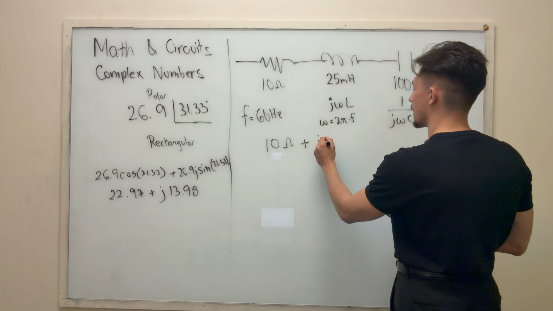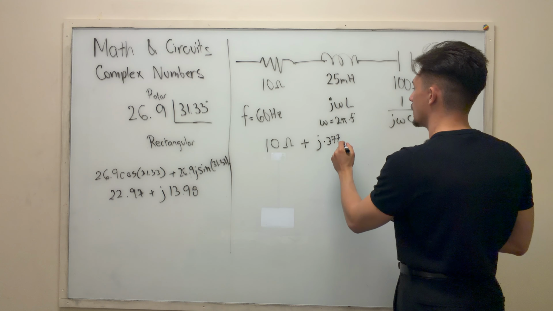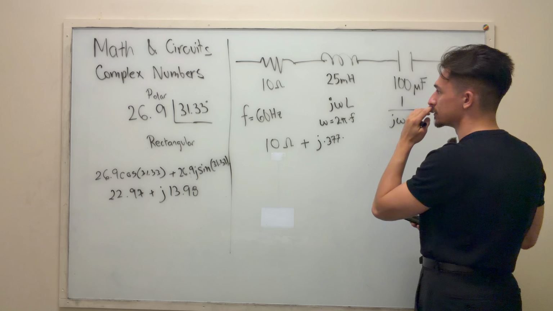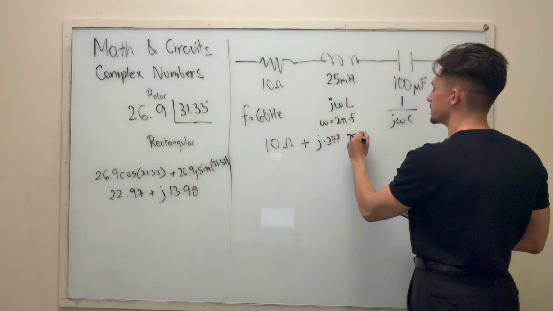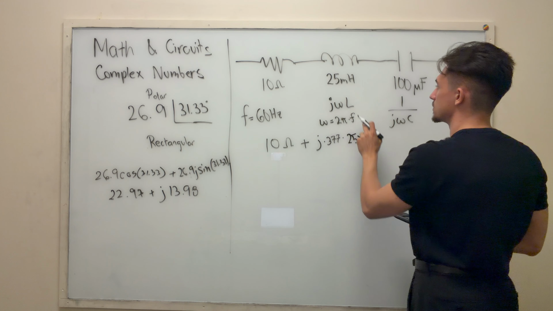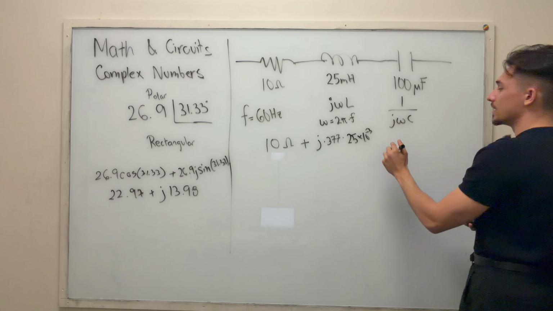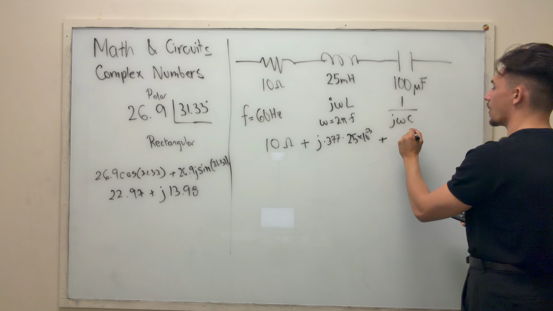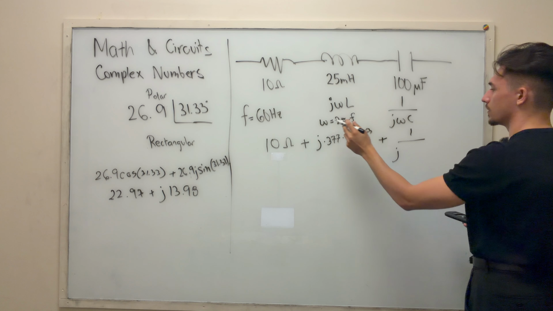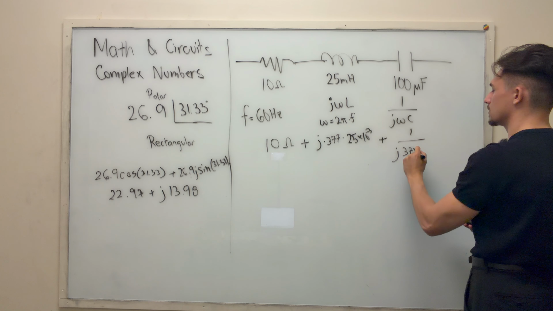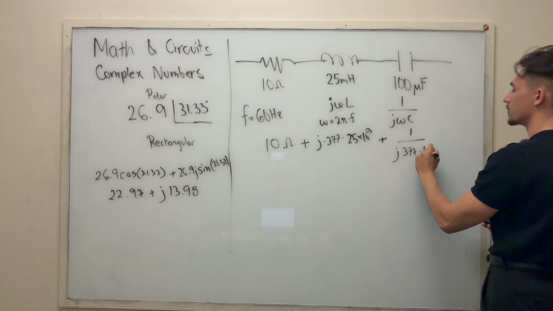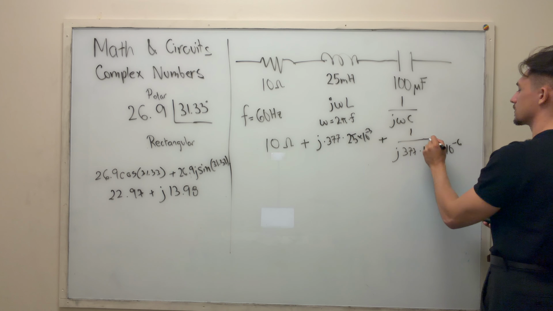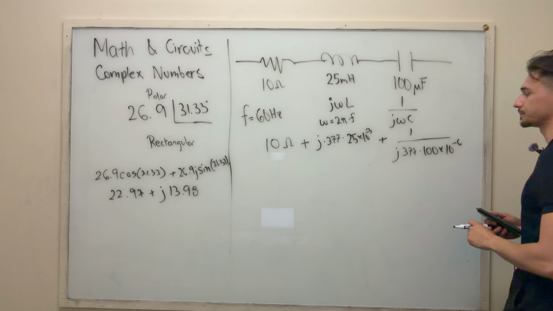So we have J times 377 for omega multiplied by the inductor value, 25 millihenries, which is 25 times 10 to the negative 3, because it's milli. And then we add it again to our capacitor value, which is 1 over J times 377 times 100 times 10 to the negative 6, because it's microfarads.